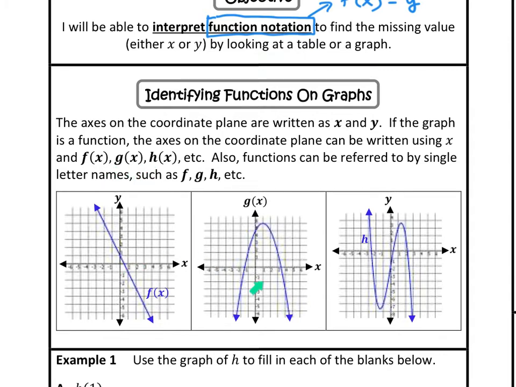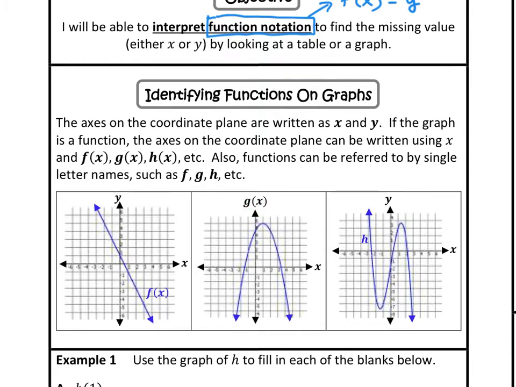These three pictures give you an example of how they might write it, right? They might give you the x and the y axis, and then they have the graph, this blue line, and next to the graph they'll have the name of the graph, in this case f of x. Or they might have the blue graph, and one axis might be called x, and the other one, instead of calling it y, they call it g of x.